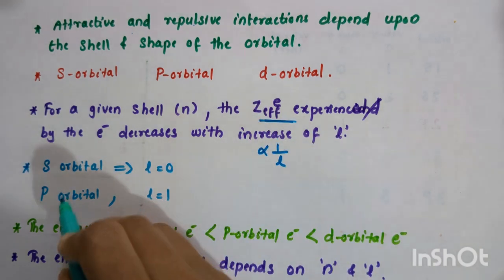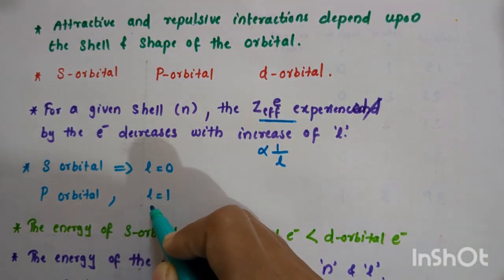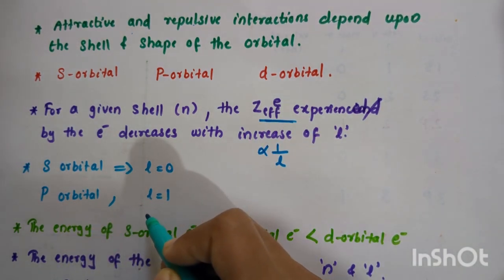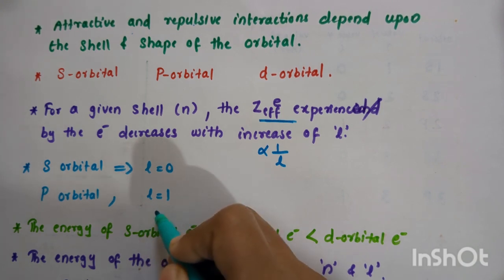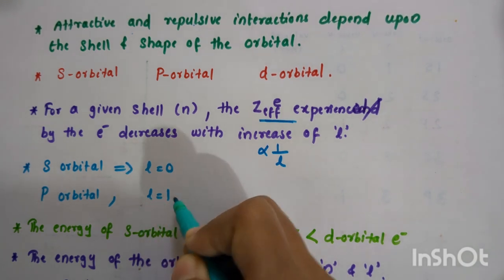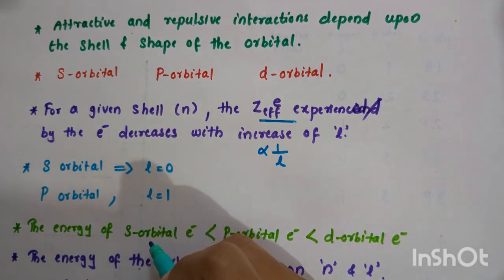So for p orbital, L is equal to 1. That is, the effective charge experienced by the electron is less than in the case of s orbital, but it is better tightly bound than the d orbital electron.